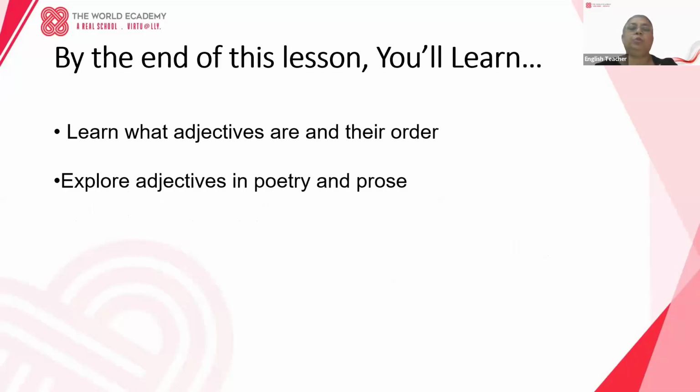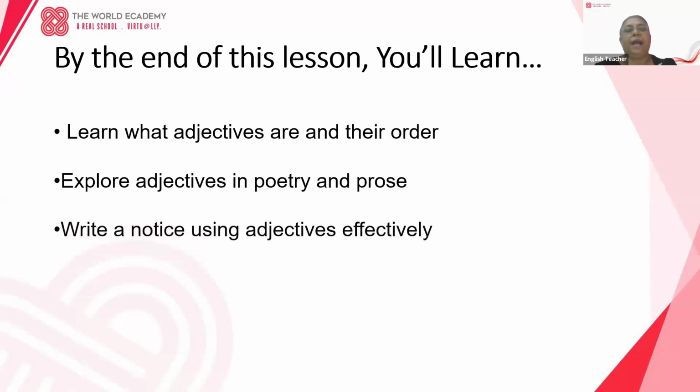As we go through the poem by the amazing poet Maya, we'll understand how beautiful adjectives make your poem so rich, so creative. And finally, we are also going to learn how to write a notice using adjectives effectively.